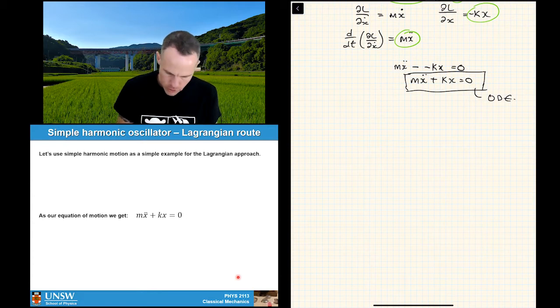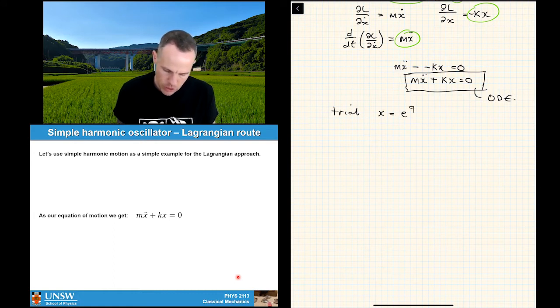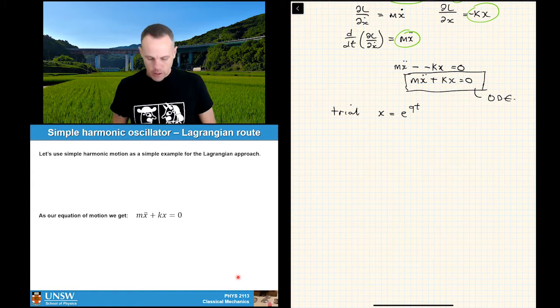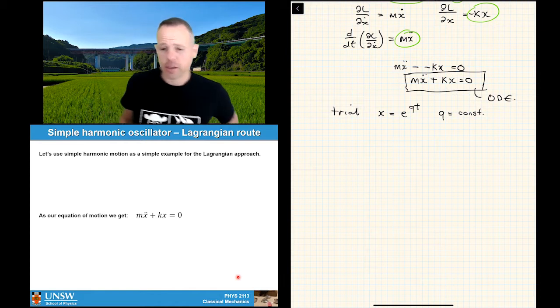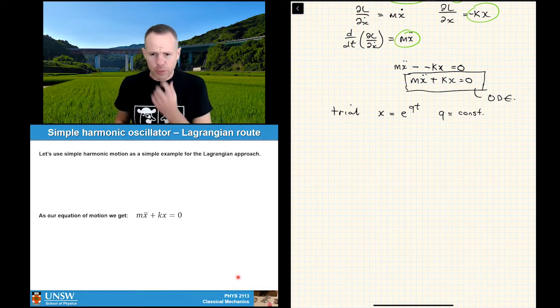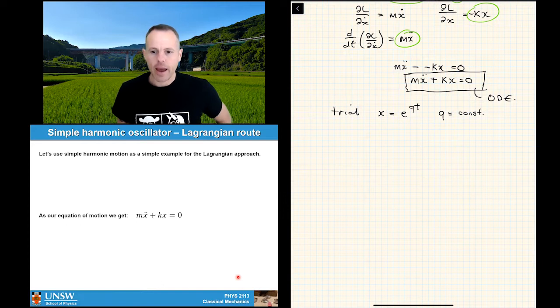So what we're going to do here is our trial solution is say that x is equal to e^(qt), okay? q is just some constant, and we're yet to determine what that is. And some of you will go, why haven't you put a prefactor in the front? And the reason why I haven't put the prefactor in the front is because, let's just say I have good inspiration.